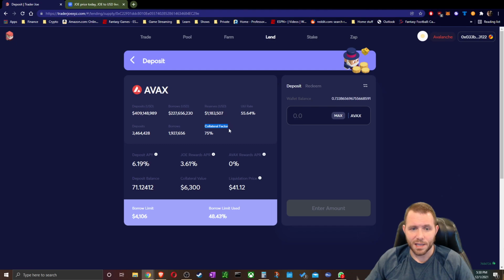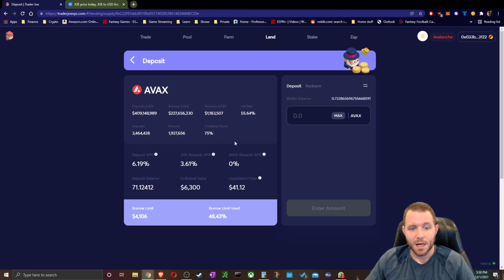There's a collateral factor in here saying 75%. Basically that's saying that of my AVAX, 100% of it, I can borrow up to 75% of it using AVAX as my collateral.